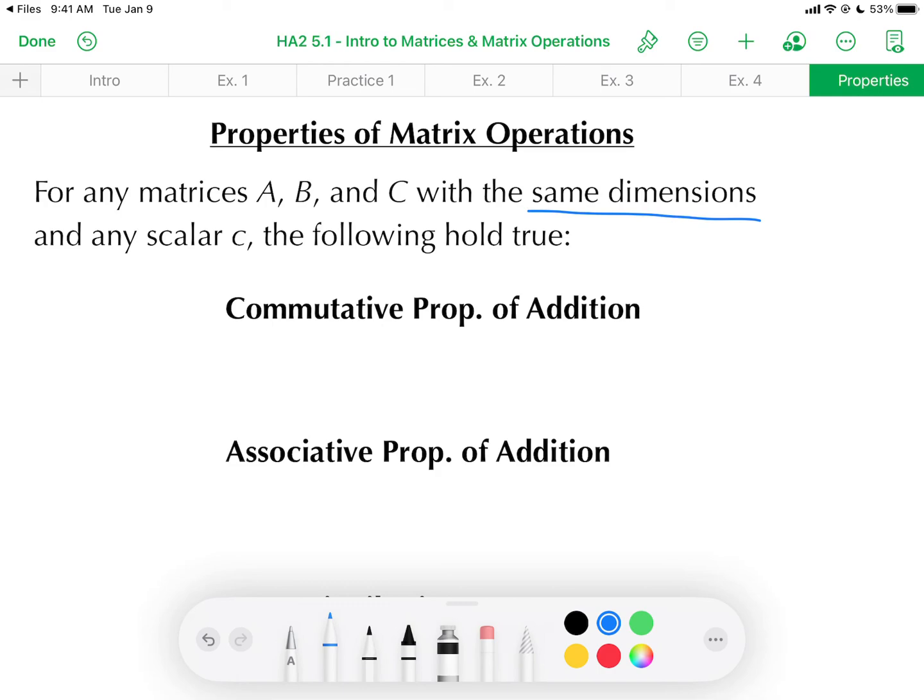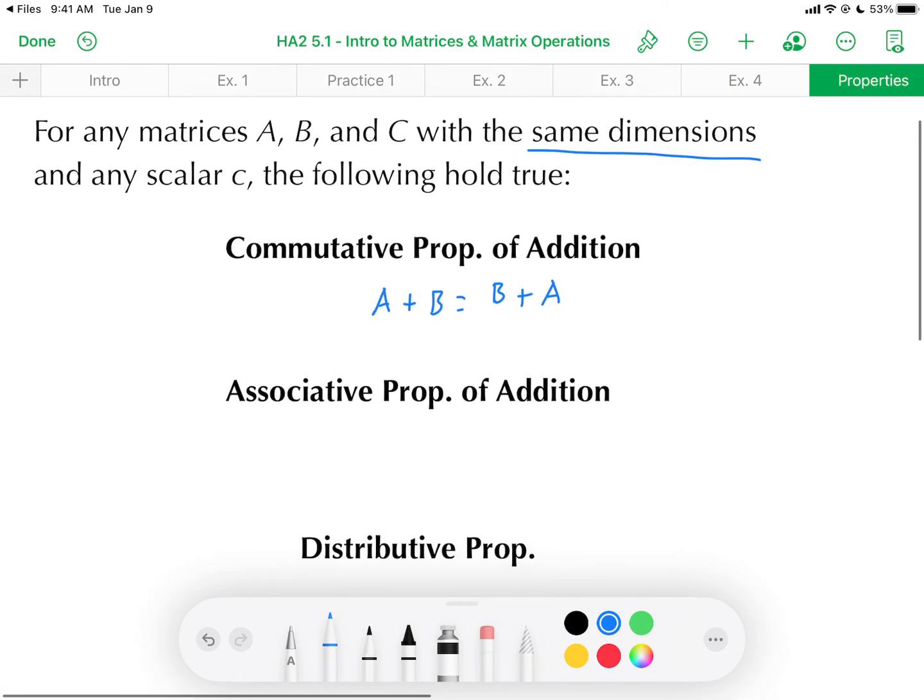The commutative property of addition works for matrices just like it does for real numbers. So matrix A added with matrix B would be no different than matrix B added with matrix A. And just like with real numbers, the commutative property doesn't hold for matrix subtraction. A minus B would not be the same as B minus A.